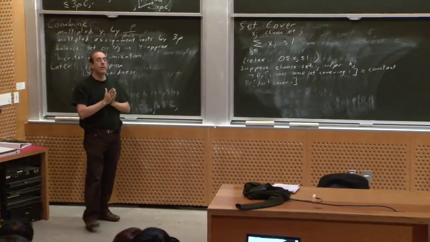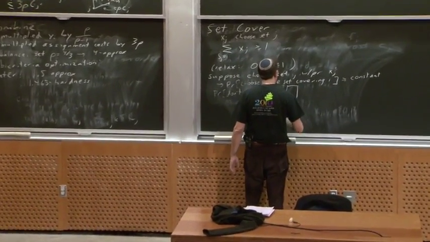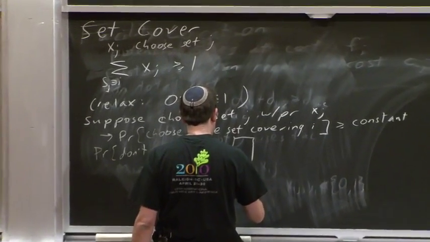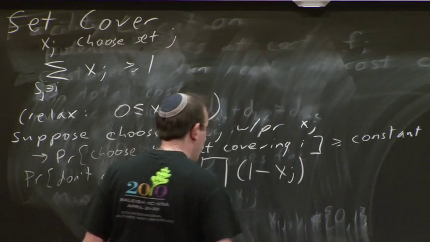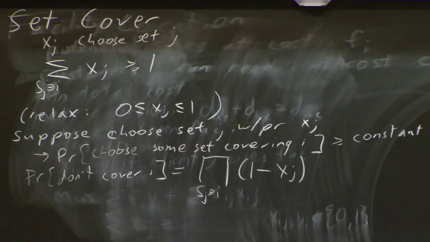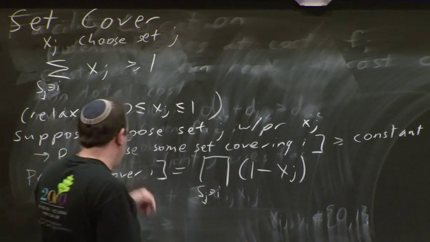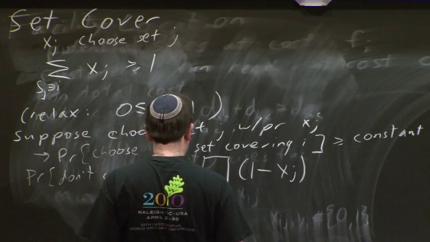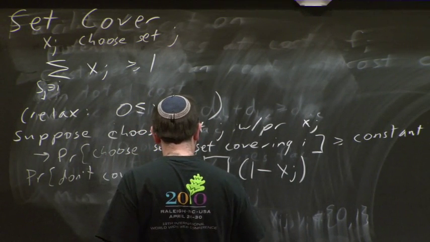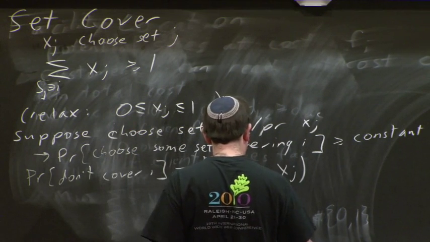Yeah, it's the product over all of the Sj's that contain I of 1 minus xj. But this is less than or equal to the product over all of the Sj's that contain I of e to the minus xj.